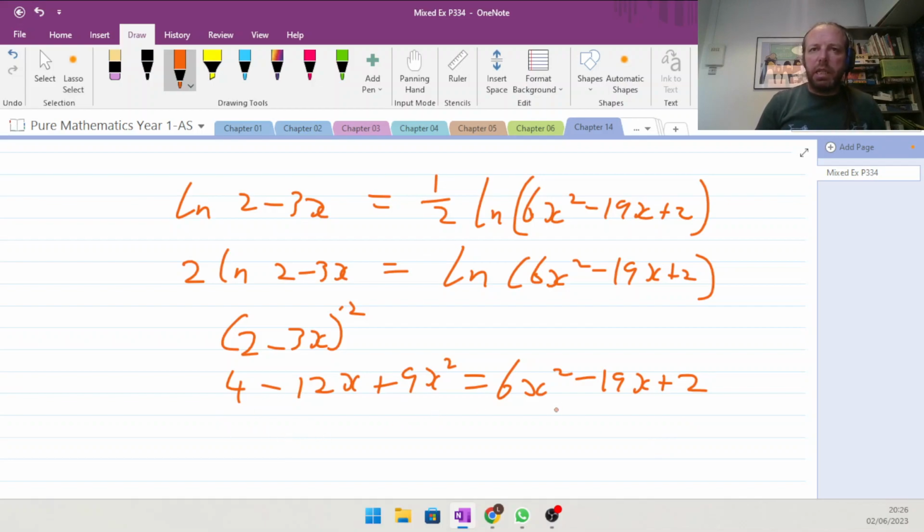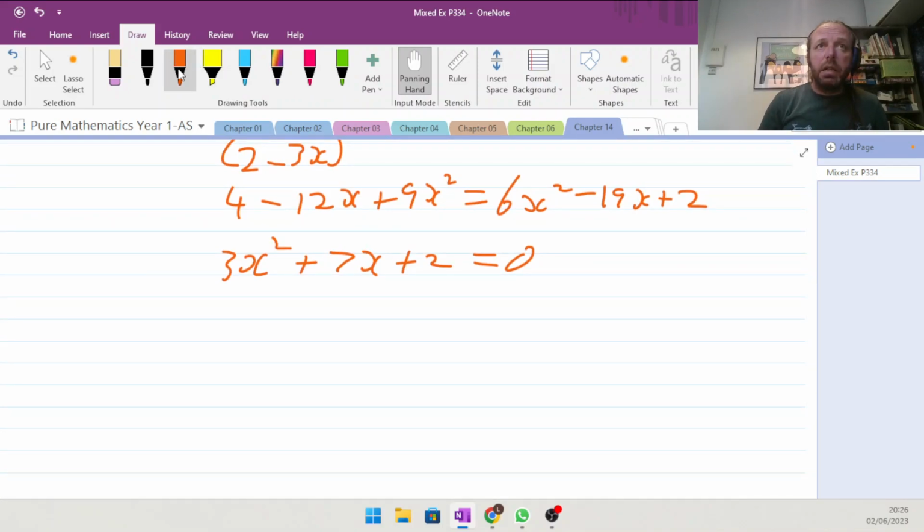So when the 9x squared and the 6x squared come together, we get 3x squared. When we bring the minus 19x over, we are left with a plus 7x. And when we bring the 2 over, we are left with a plus 2, all equaling 0.